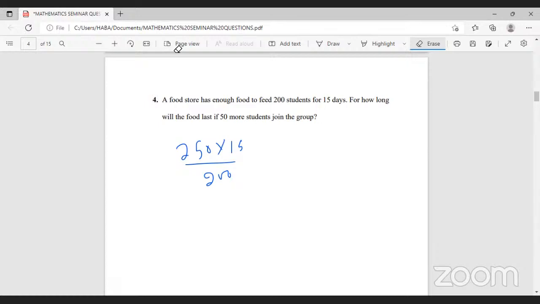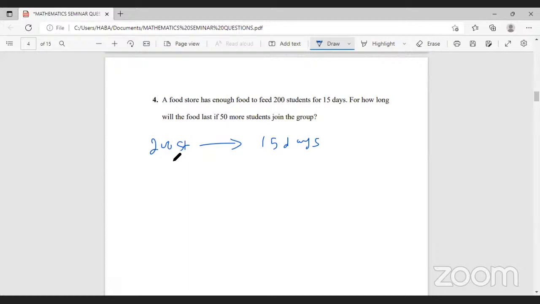Okay, so we can do this number this way. Let me first grab this. So we are saying 200 students. This food takes them for 15 days.